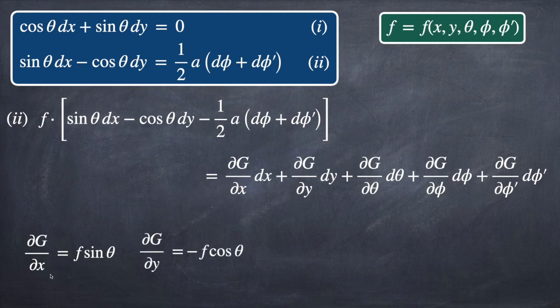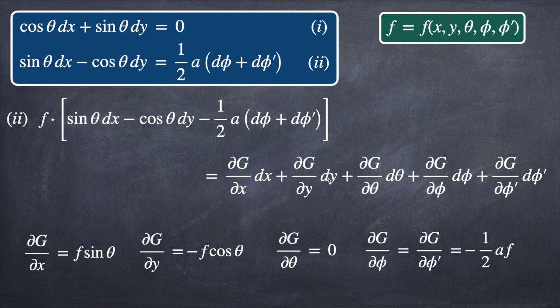Del g del x is going to be f sine of theta. Del g del y is going to be the negative of f multiplied by cosine of theta. Del g del theta is equal to 0 since there is no differential d theta on the left-hand side of this equation. And del g del phi and del g del phi prime, they are equal to the negative of 1 over 2a multiplied by f.